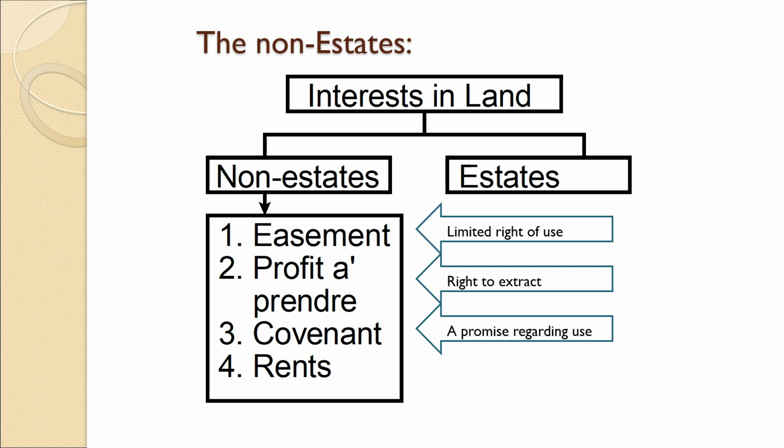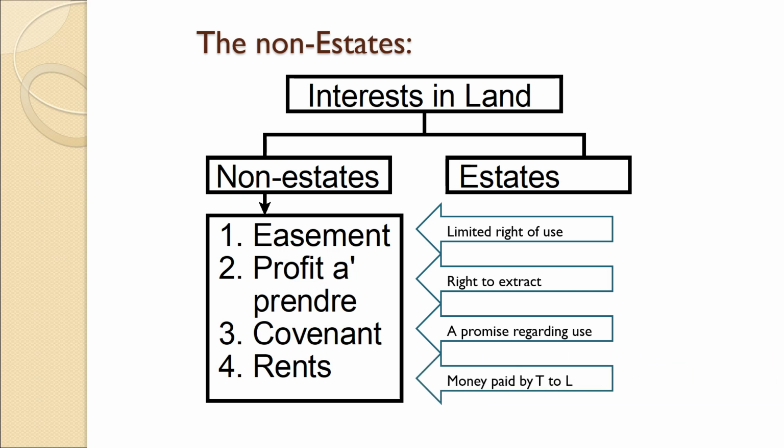So if you had the right to enforce a promise that somebody made, for example, to use the land as only a single-family residence, you would be considered to have an interest in that person's land. Obviously, it doesn't give you the right of possession of the land, and therefore it's a non-estate.